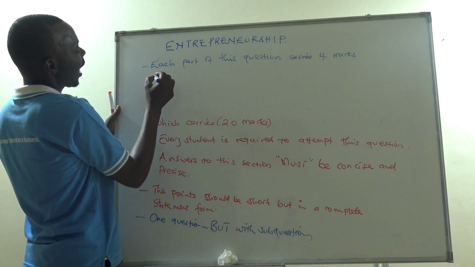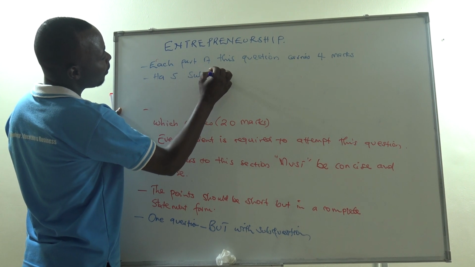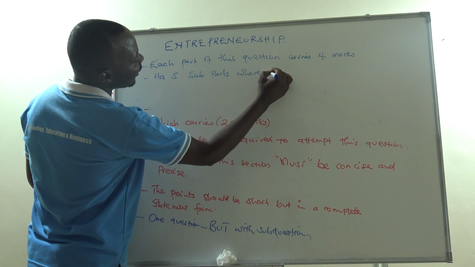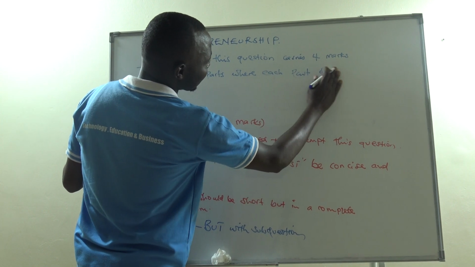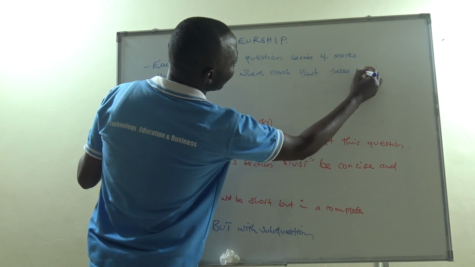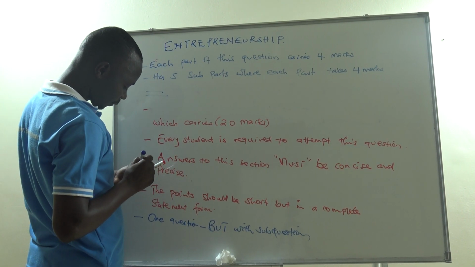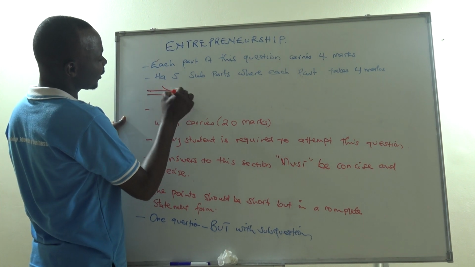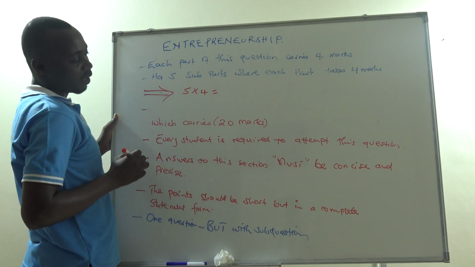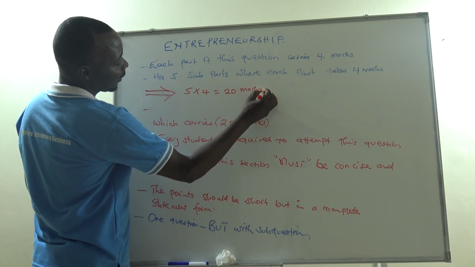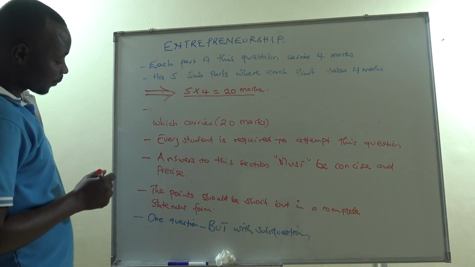Meaning, our question 1 has 5 sub-parts, where each sub-question takes 4 marks, as we said, implying that 5 sub-parts of question 1 times 4 marks shall give us 20 marks. This is where the 20 marks come from.